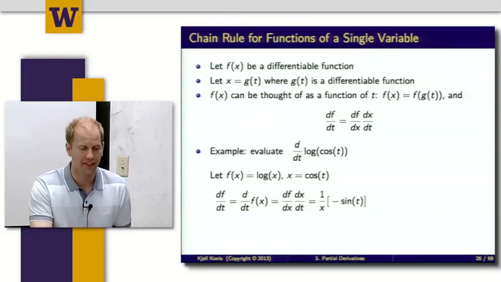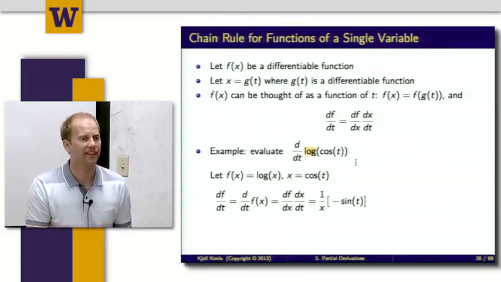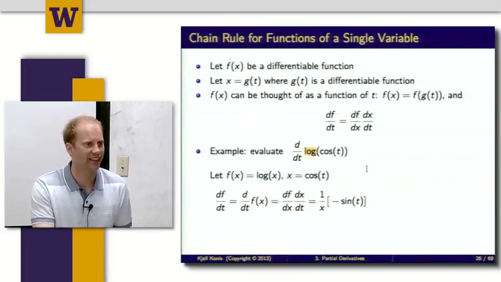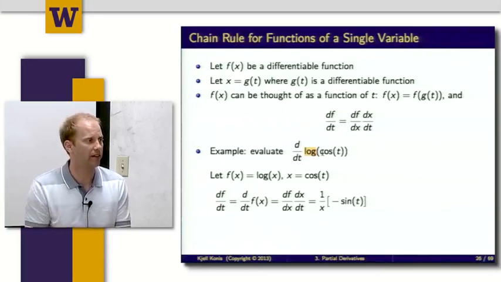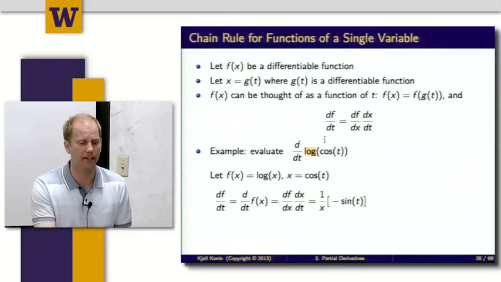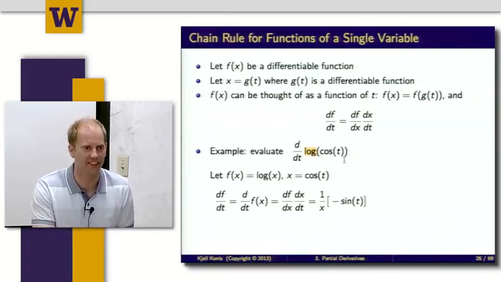Somebody asked me after class last time, what's the difference between log and natural log? For this class, I actually mean the same thing. When I write log just like this, I mean log with the base e. If I want a log with a different base, I'll write log with a subscript base. So log with subscript 10 would be what the log button on old calculators used to do.